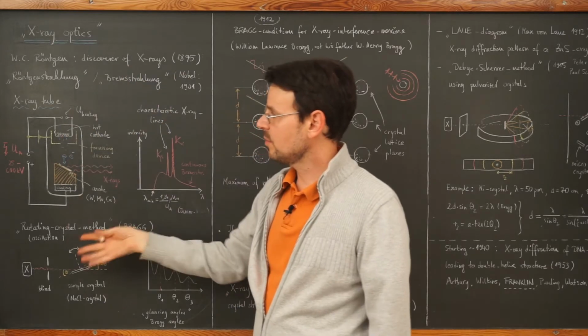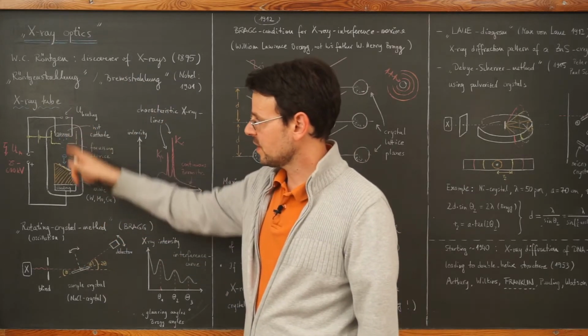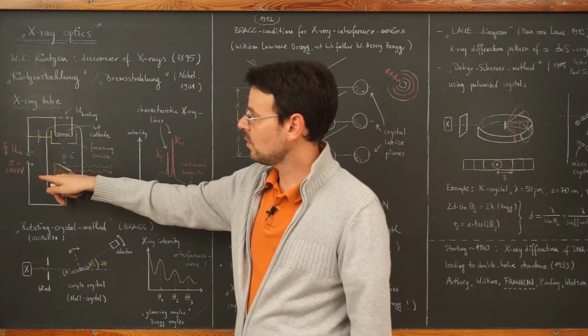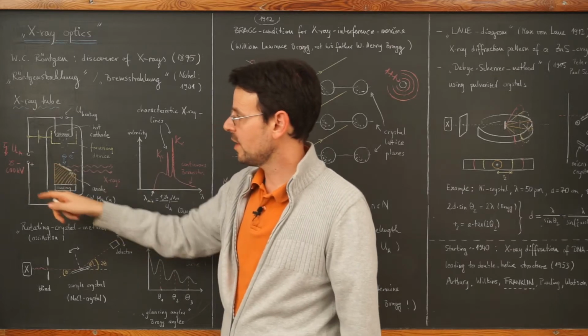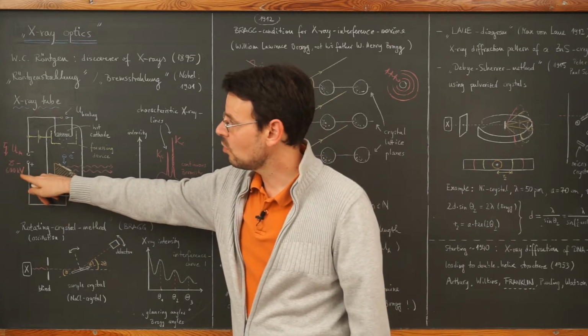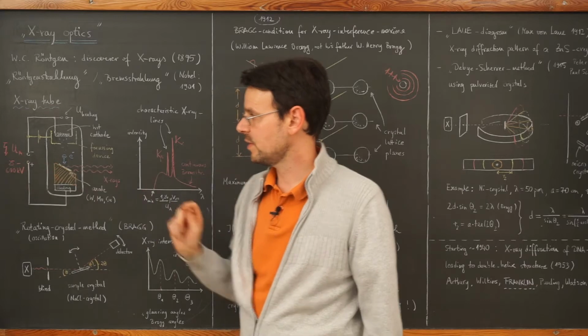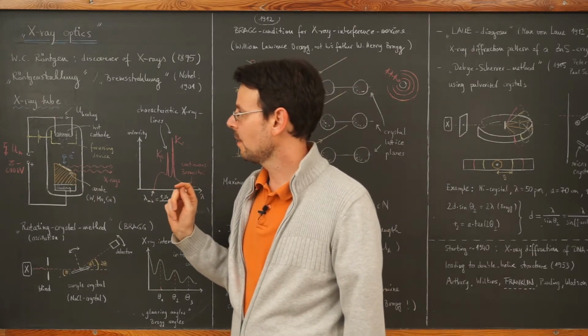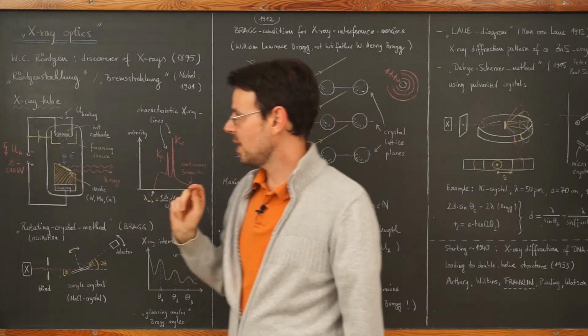So I get a beam of electrons that are accelerated towards the anode, and here I have a very high voltage ranging between 25 up to 600 kilovolts. So 25,000 volts up to 600,000 volts, denoted by U sub A.